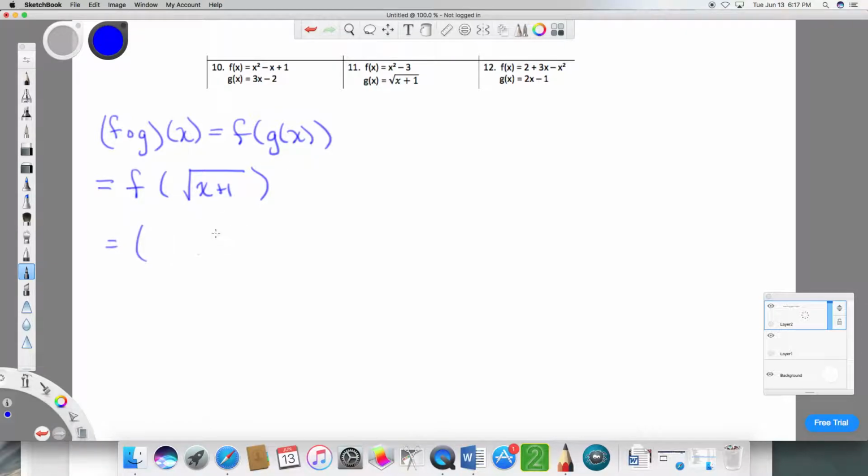It takes the input no matter what we give it, squares it, and then subtracts 3. And this radical, the square root of x plus 1 squared, gives us just x plus 1. So we have our new function that is x minus 2.